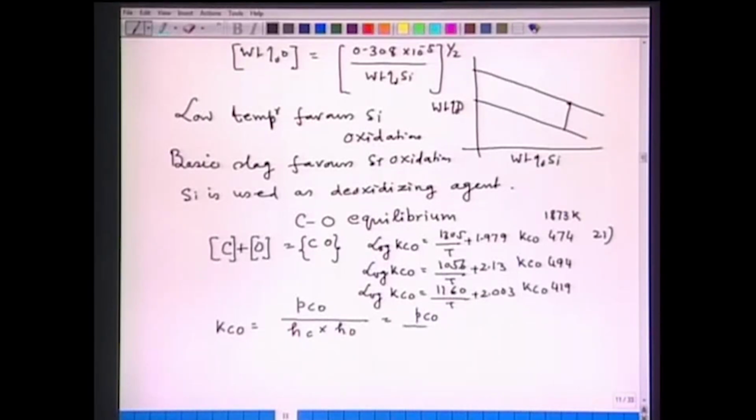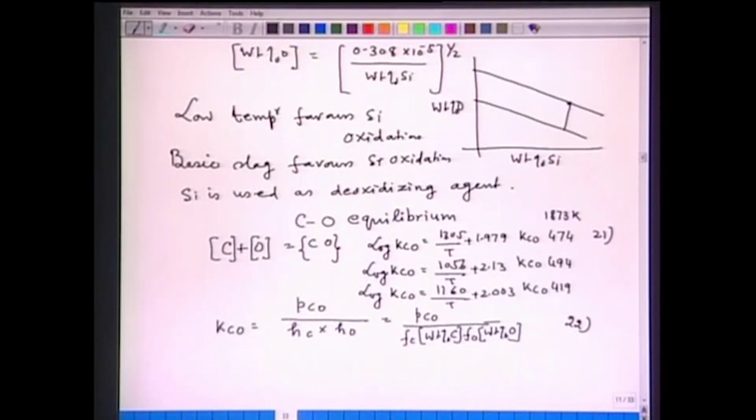So, accordingly I will write PCO upon FC into weight percent carbon, FO into weight percent oxygen, and let us call this equation 22.